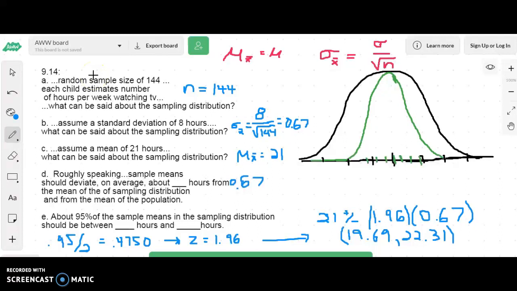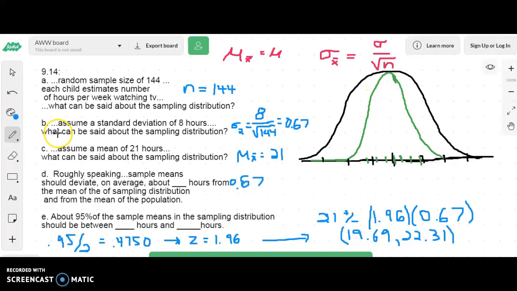If we continuously kept selecting samples of 144 students, found the average number of hours per week they watched, and graphed those averages, that graph is going to be approximately normal regardless of whether or not the original population is normally distributed. That's due to the fact that we have a sample size greater than 30. We can say then that the sampling distribution is approximately normally distributed, just like this green distribution right here.